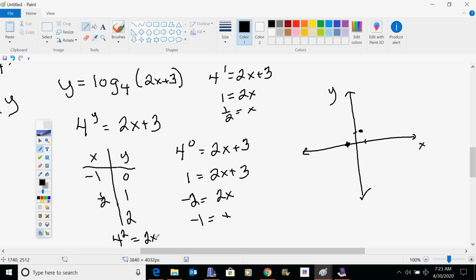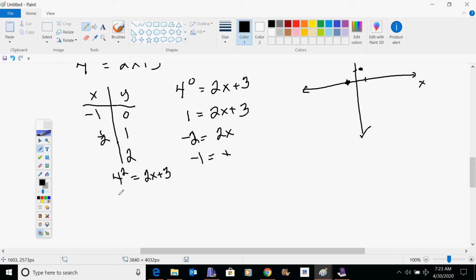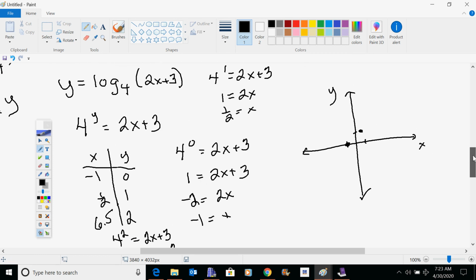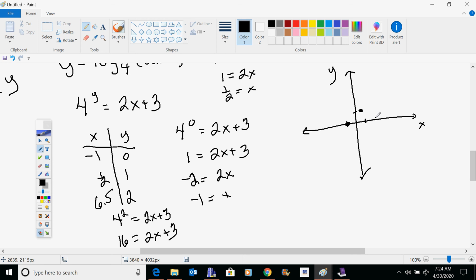So 4 squared equals 2x plus 3. 16 equals 2x plus 3, so 13 equals 2x. x is 6.5. 1, 2, 3, 4, 5, 6.5 is right about here, and that would give us where 2 lives. That would be up here.